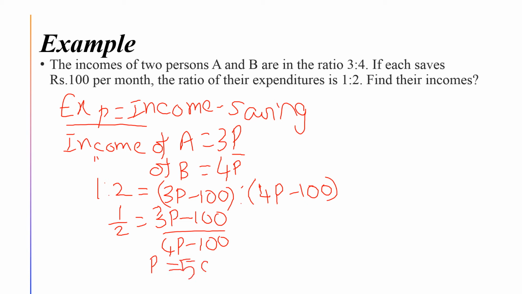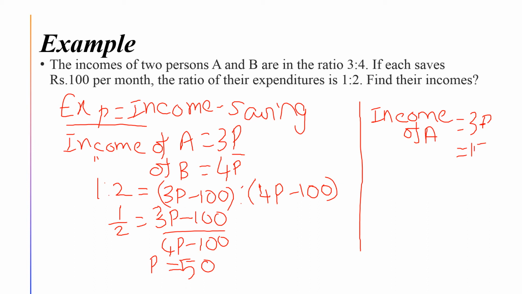With the help of this we can find the income of A and B. Income of A is equal to 3p. We substitute the value of p here, that is 3 multiplied by 50, which gives rupees 150. So the income of A is rupees 150.